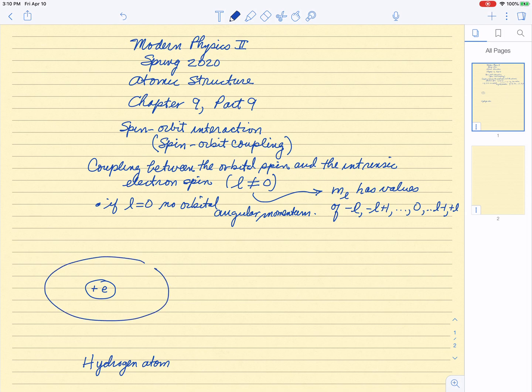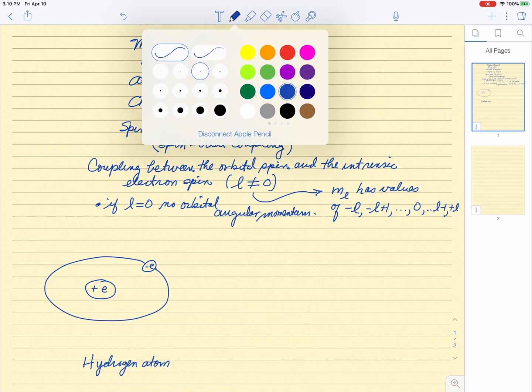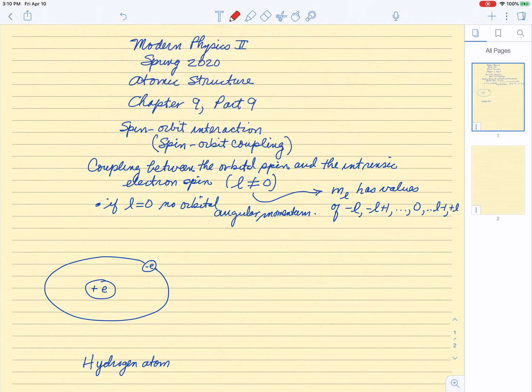And around it we have an electron in orbit. We know that this gives rise to an orbital angular momentum, and also the electron now has an intrinsic spin angular momentum.